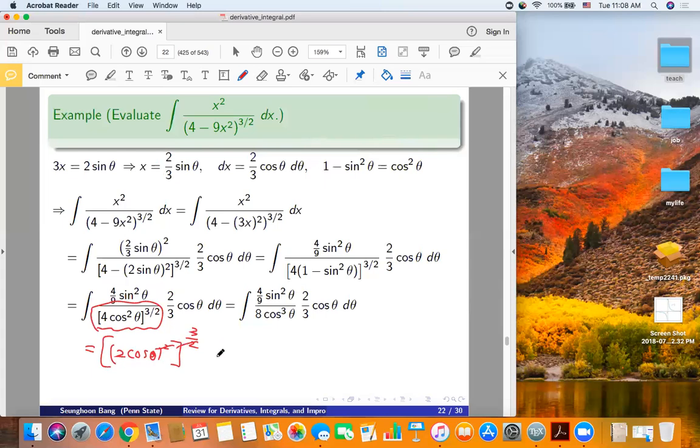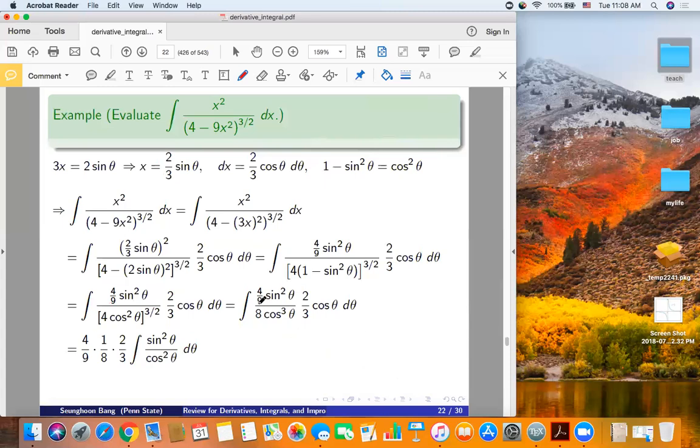The 2 is crossed out. We have 2 cosine cubed theta, which is the same as 2 cubed cosine cubed theta. The 2 cubed is 8, and cosine cubed is here. This is the idea. You can change it like this.